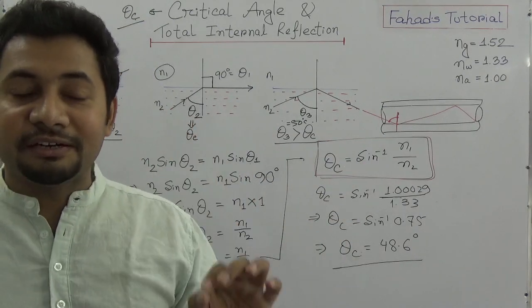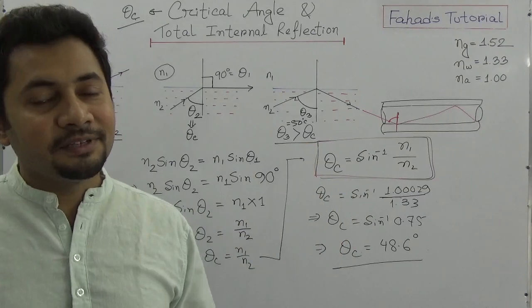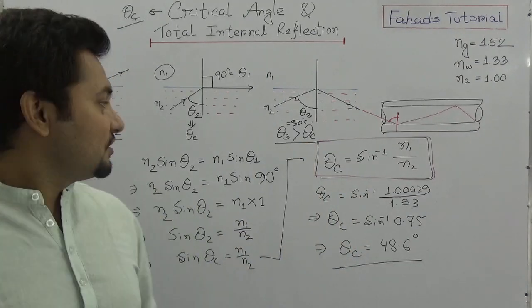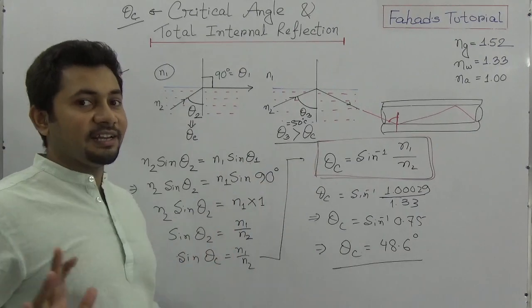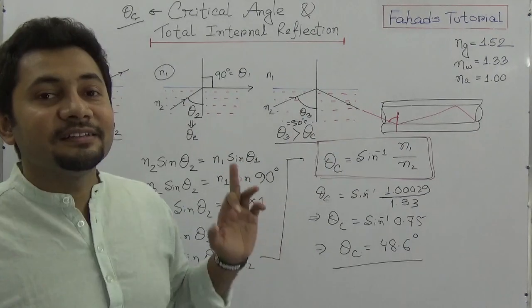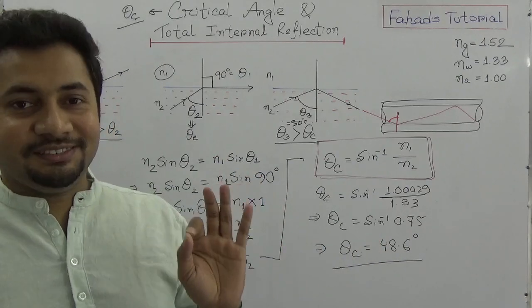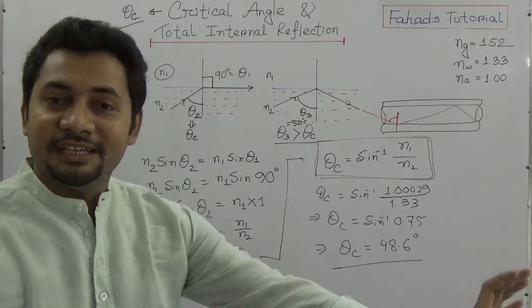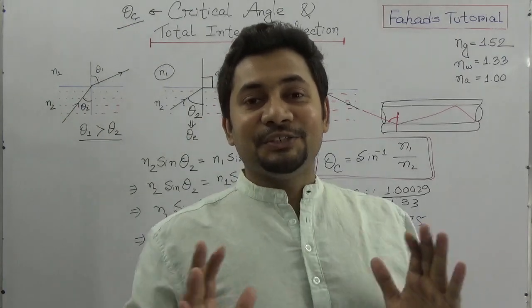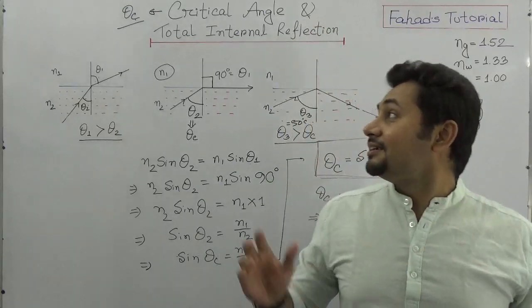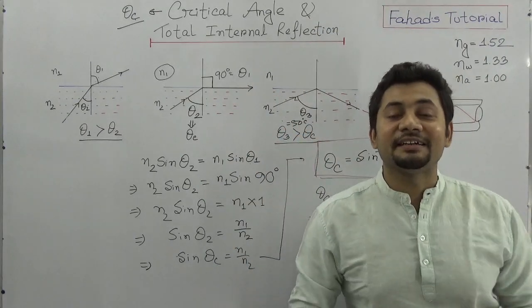If you know the refractive index of two different media, you can find the critical angle. So this theta c is the critical angle, and when the angle is more than the critical angle, it's total internal reflection. So simply I'm explaining it. This is the primary level explanation of the critical angle and total internal reflection.